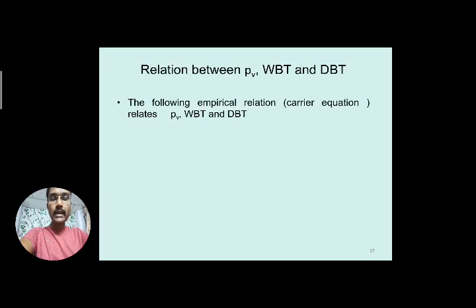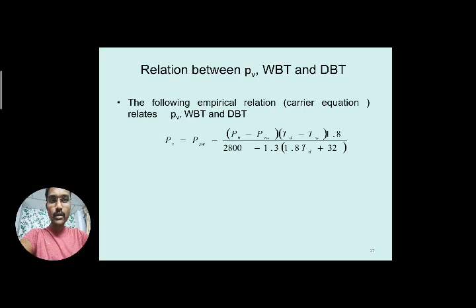Now we take the relation between PV, WBT and DBT. The following empirical relation, the Carrier equation, which is very important, gives the relation between the partial pressure of water vapor, wet bulb temperature and dry bulb temperature. Note it down: PV equals PSW minus PB minus PSW into TD minus TW into 1.8 by 2800 minus 1.3 into 1.8 TD plus 32.